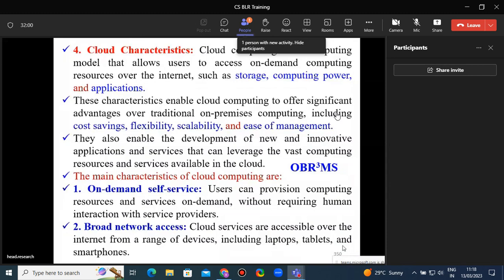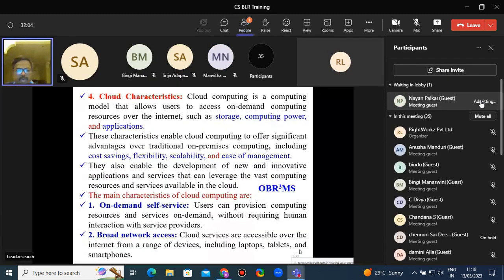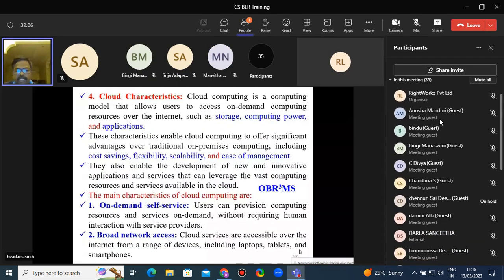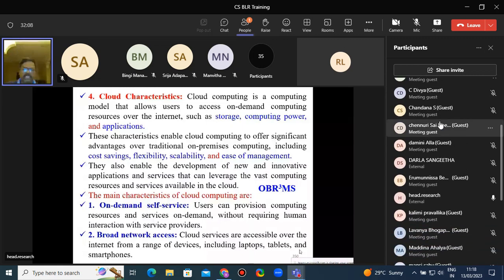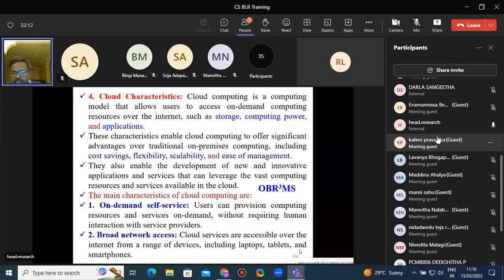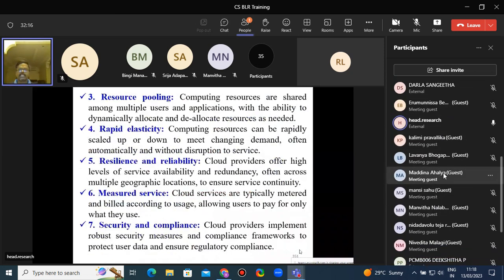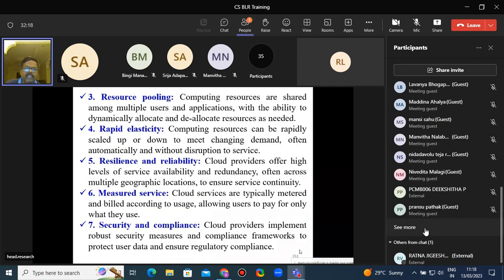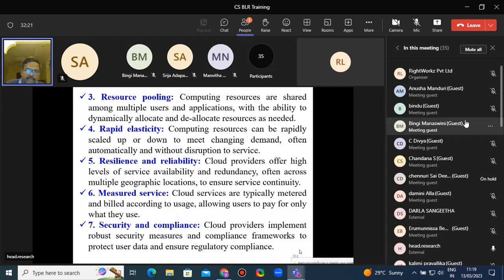Broad network access. Cloud services are accessible over the internet from a range of devices, including laptops, tablets, and smartphones. Then resource pooling. All services at one place is called the resource pooling. These services are shared among users and applications.